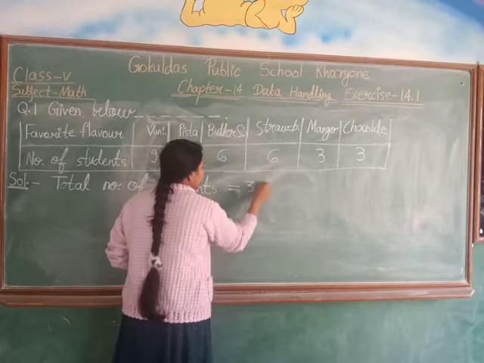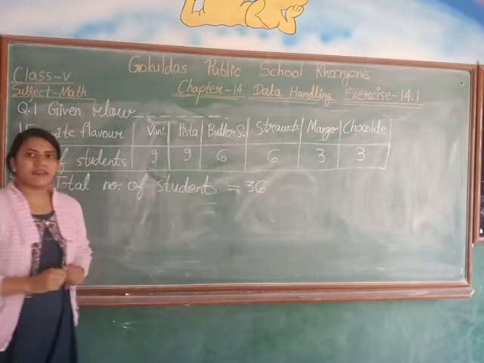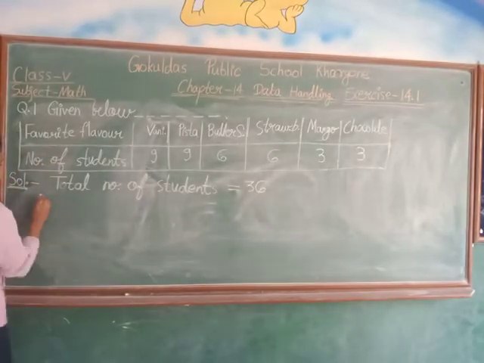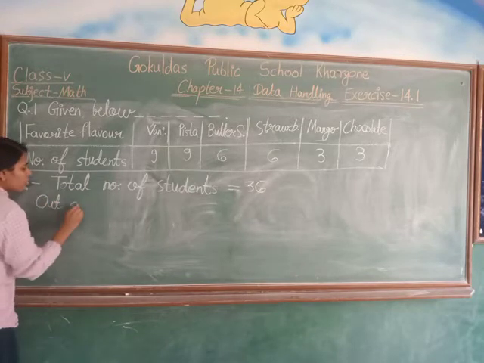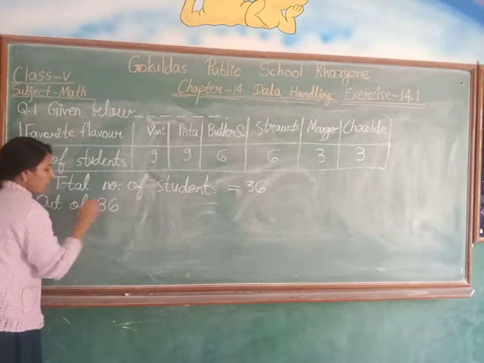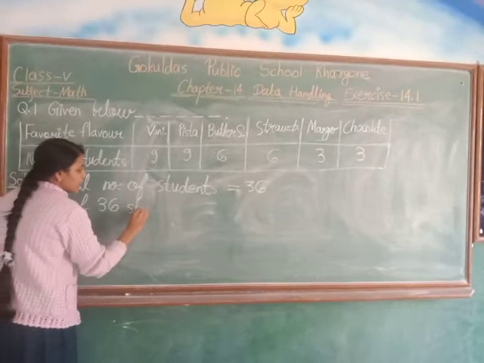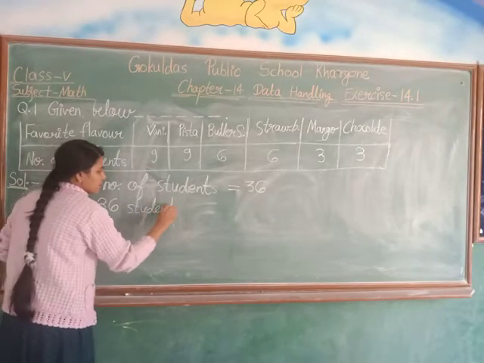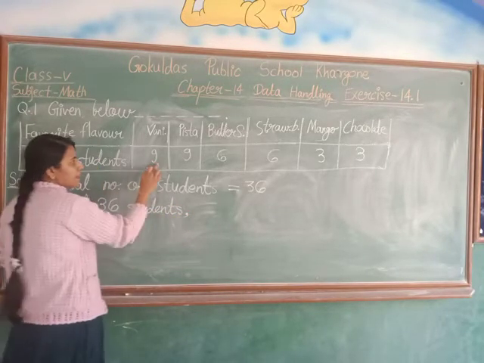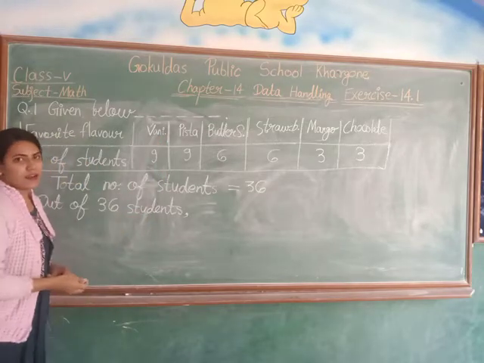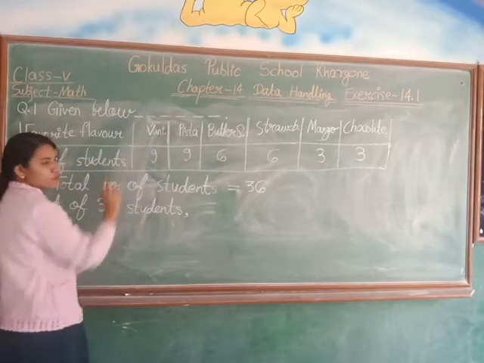How many total students? 36, right? Out of 36 students, 9 students like vanilla flavor.